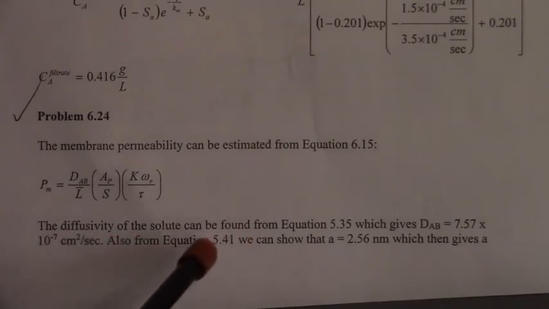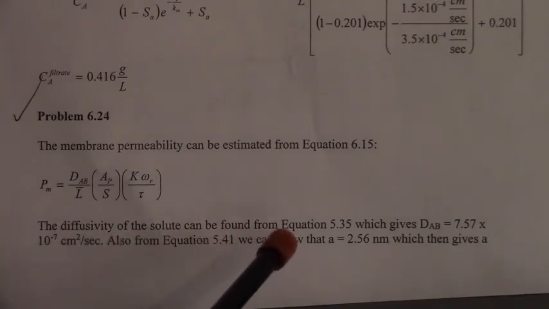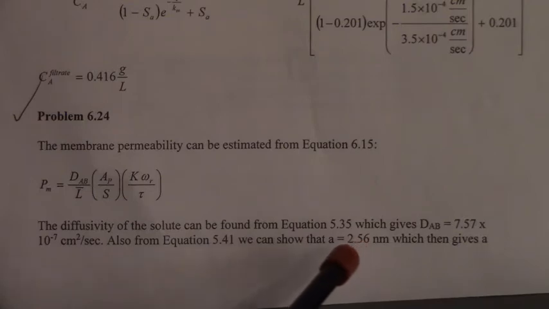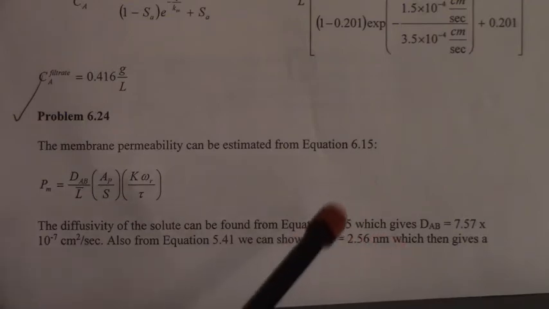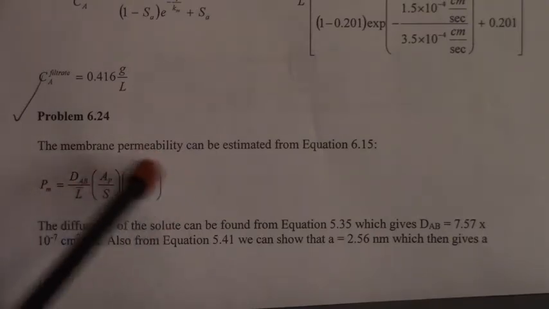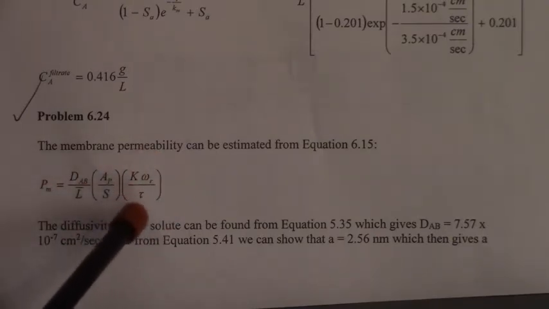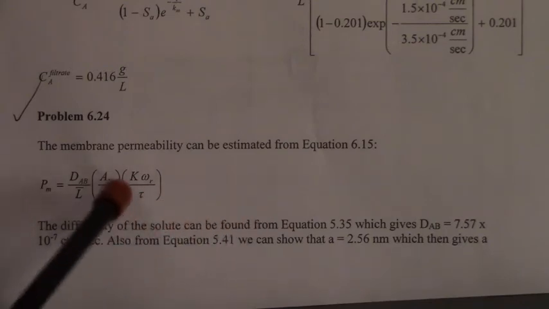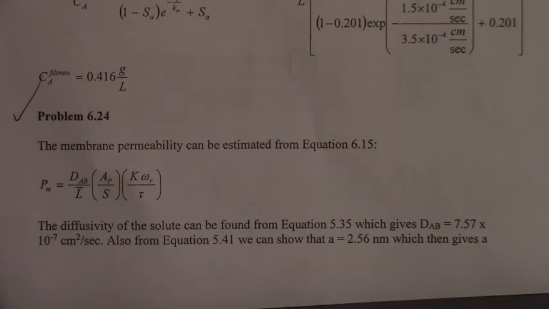Also from equation 5.41 we can find then the molecular radius of the molecule, and then what we do is just go in and estimate the various terms in here. We're also given some information that allows us to calculate the tortuosity as well.